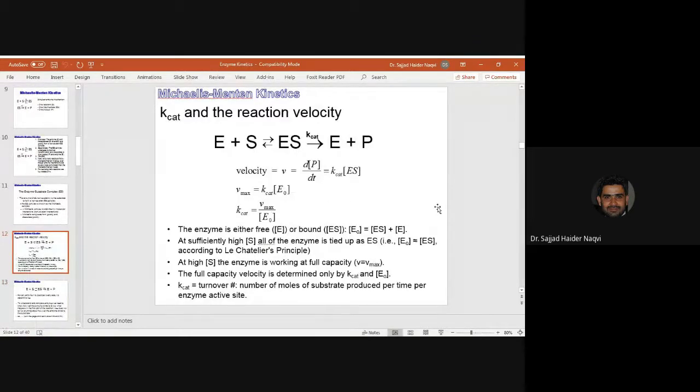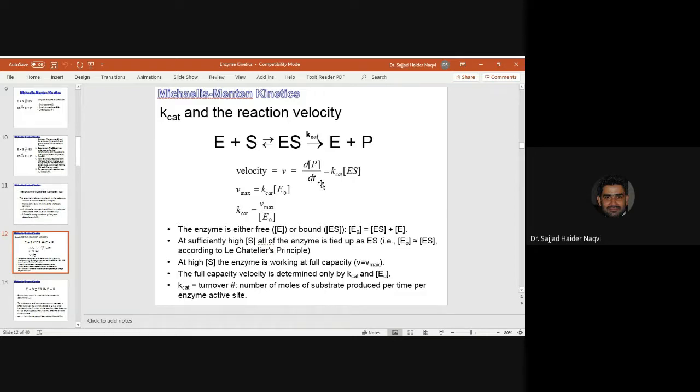So the Kcat and the reaction velocity. We already determined that the constant which is going to affect the reaction velocity is actually Kcat, because we are talking about this particular portion where enzyme substrate complex is transformed into enzyme and product, because that's what the intermediate state is. So velocity can be defined as a small change in product concentration with reference to a small change in time.